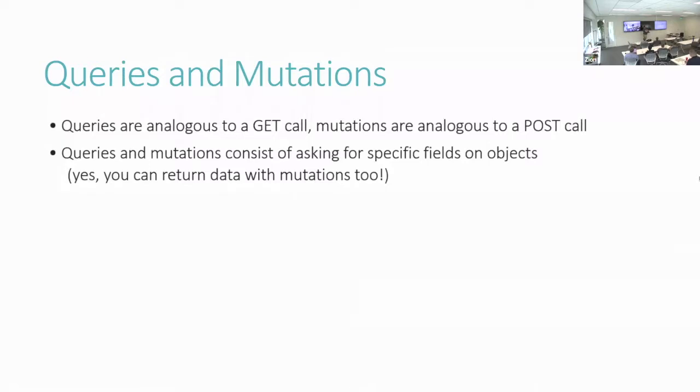Queries and mutations consist of asking for specific fields on objects. And yes, you can return data with mutations as well, which is another cool thing. So if you write a mutation, and I feel bad because I'm not going to be demoing mutations in this one because I couldn't find a public API that would work very well with mutations, but I'm going to go over them really briefly.